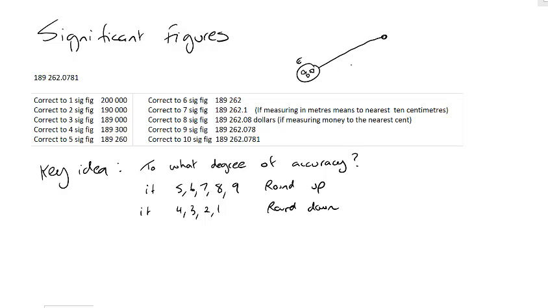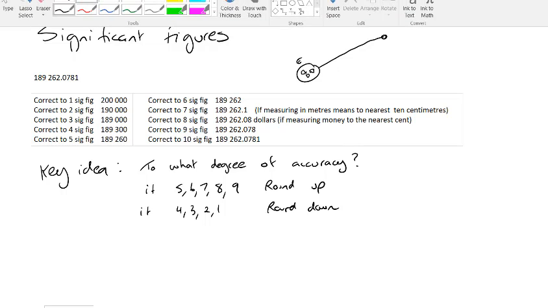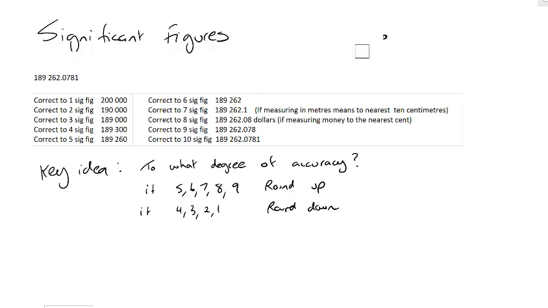You might not be able to get to the nearest millimeter. So that would be correct to a certain number of significant figures. The rules are if the digit is a 5, 6, 7, 8, or 9, so 5 or above, you round up. If it's less than 5, you round down.